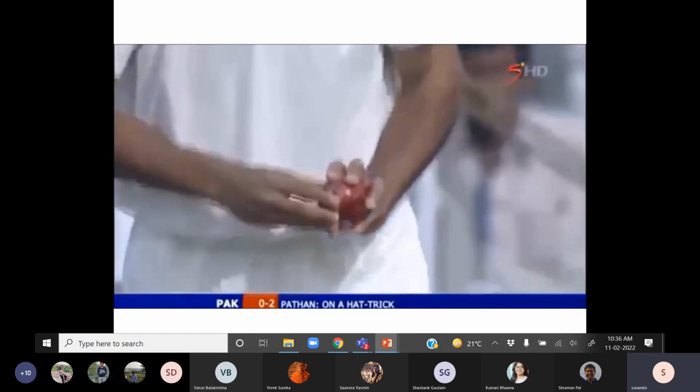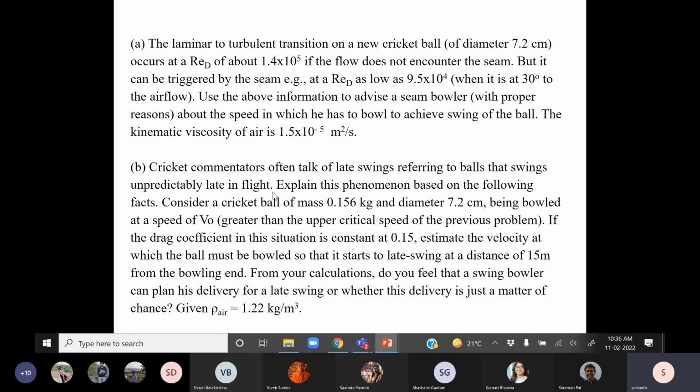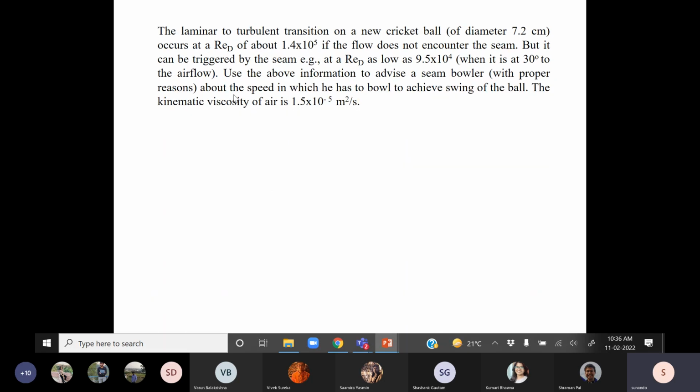So our next and last problem on boundary layer is based on that. The laminar to turbulent transition on a new cricket ball, the diameter is specified, occurs at a Reynolds number of about 1.4 x 10^5 if the flow does not encounter the seam.